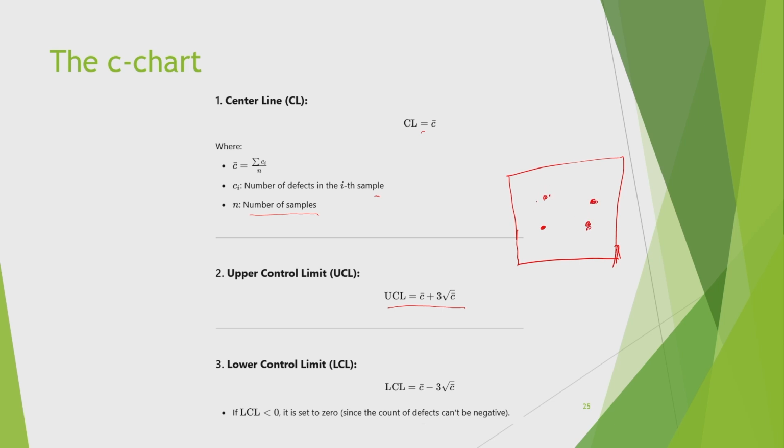Suppose there are 4 problems, then we say the number of defects C is 4. Similarly, you take another 1 square meter piece of cloth, and at the corner you find some defect, so here C is equal to 1. It will be based on that type of situation.